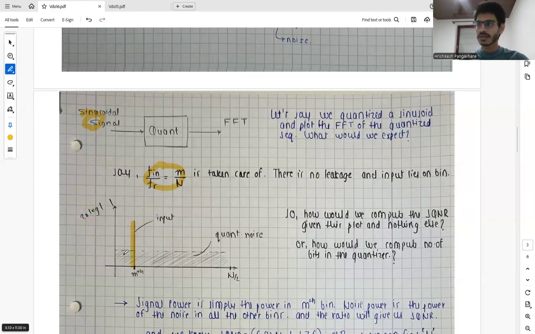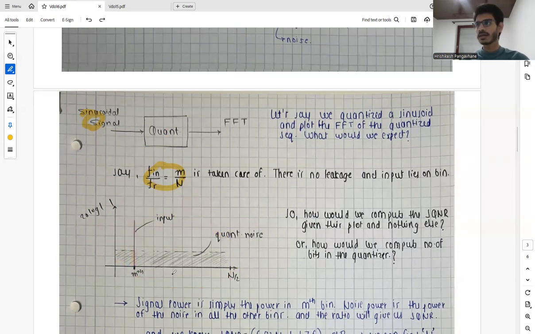We will see the signal over here, but we also have noise with the signal, right? We have quantization noise here, and it is white noise, so it will be spread over all the bins, and it will look like this. This is the quantization noise. So this is what we expect the FFT, or the coefficients of the discrete Fourier series, to look like.